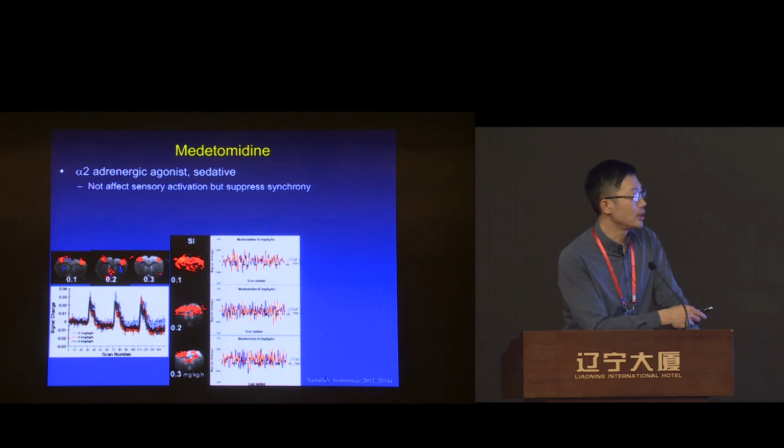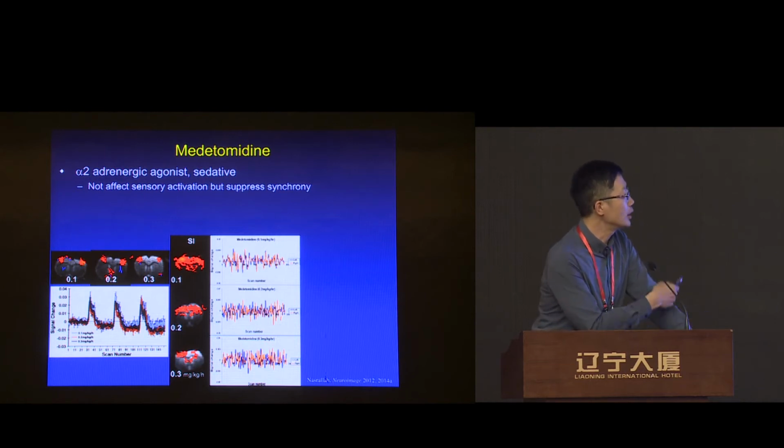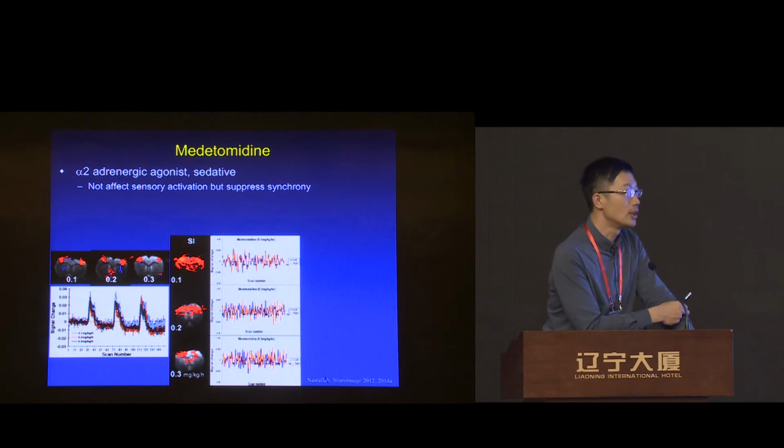Another drug we usually use, particularly in our lab and many other labs, is medetomidine, which is a specific alpha-2 adrenergic agonist. We use it as a sedative. In this work, we demonstrated that when you increase the sedative dose, it actually didn't increase the somatosensory activation, so the activation is not affected.